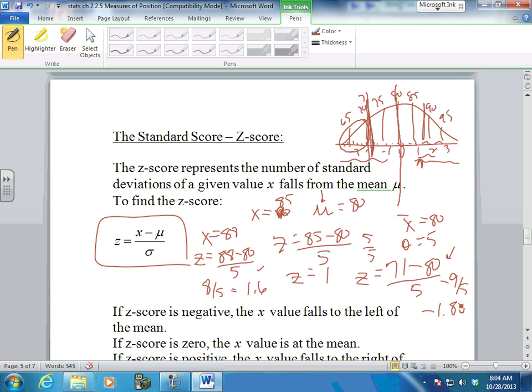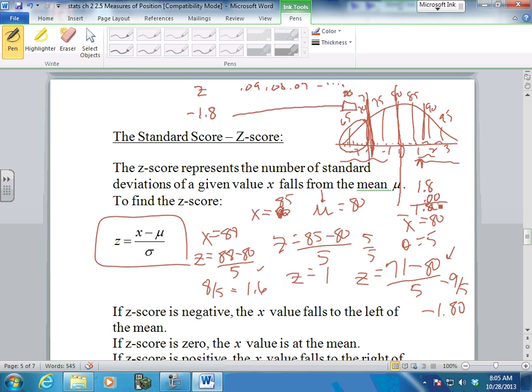Now, in your z-score column, you're going to see negative 1.8. And then you're going to see on the top 0.09, 0.08, 0.07, all the way down to 0.00. If we want 1.80, we come all the way down to this last column, because 1.8 plus 0.00 gives you 1.80. It gives us the tenths.